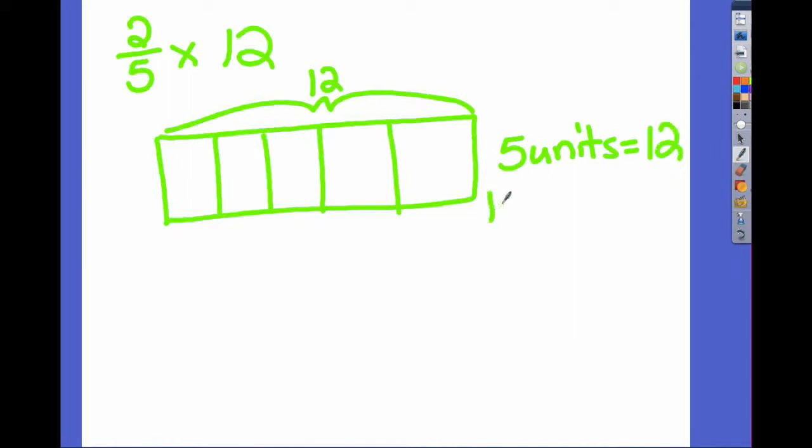Means 1 unit equals, what does 1 unit equal? What do you think? No, 12 divided by, how many units do I have? 5. Yep, I have 5 units, so it's 12 divided by 5. So, figure it out. 12 divided by 5.